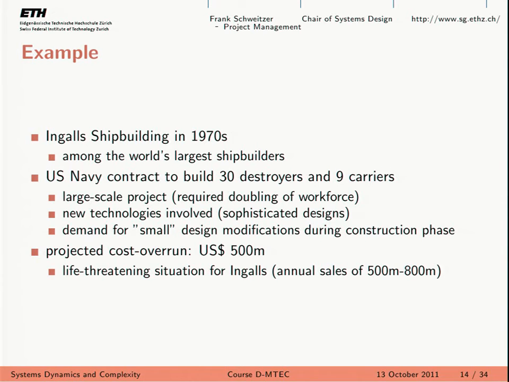And I don't remember exactly the time, but I think the estimated time was about 15 years or something to build these things. What happened is the US Navy, being the customer, constantly requested new technologies to be incorporated. They always wanted to have the latest GPS tracking ability and whatnot in their ships.